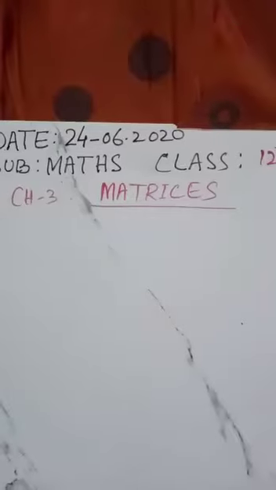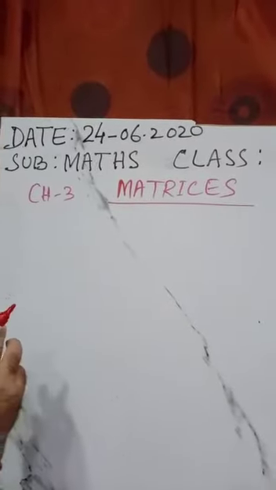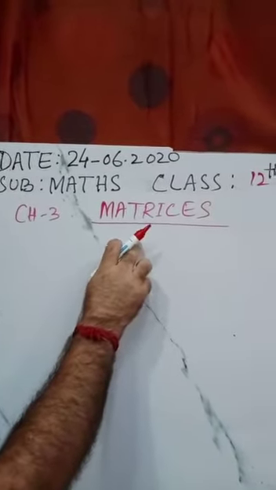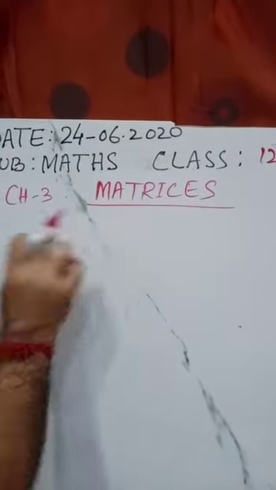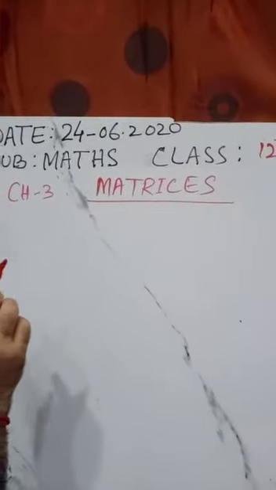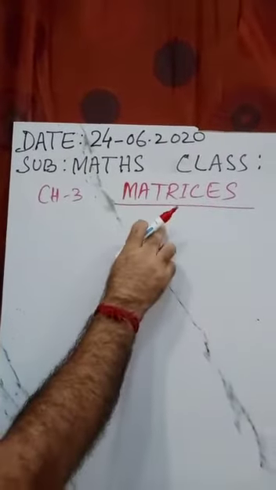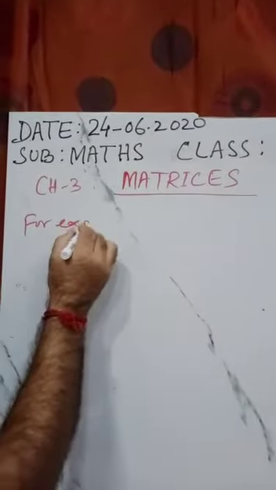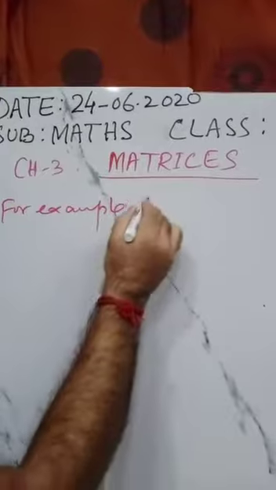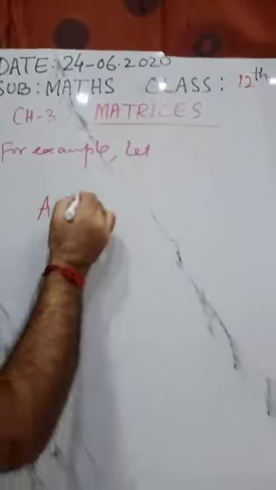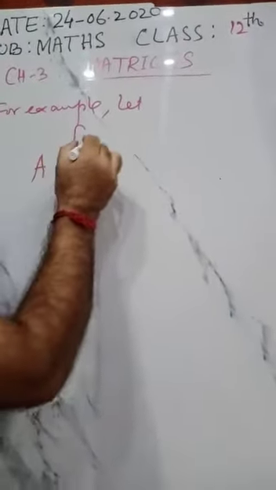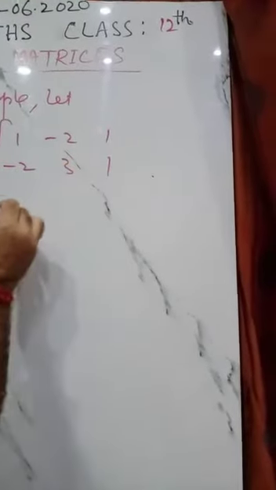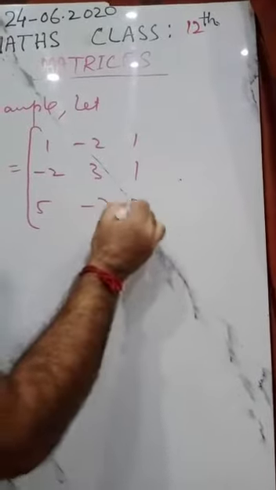So students, please remember that matrices are denoted using bold uppercase letters. I repeat, matrices are denoted using bold uppercase letters. For example, let A be a matrix with elements or entries like this: 1, minus 2, 1, minus 2, 3, 1, 5, minus 7 and 3.